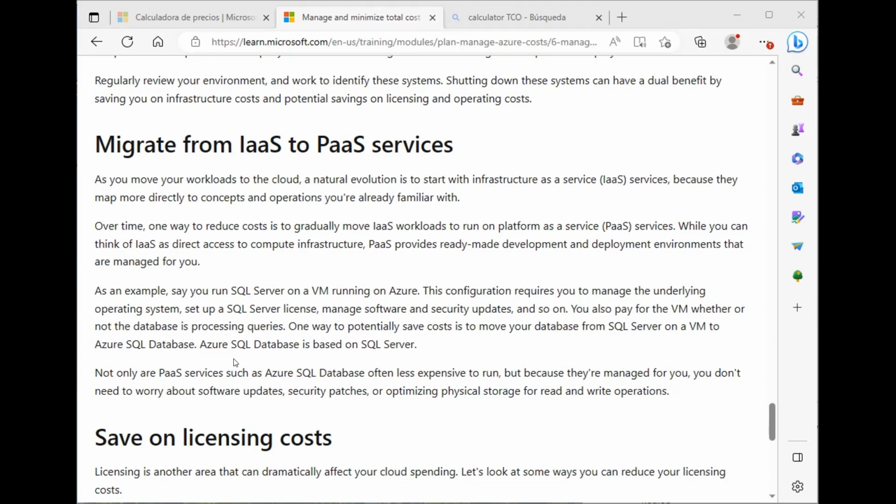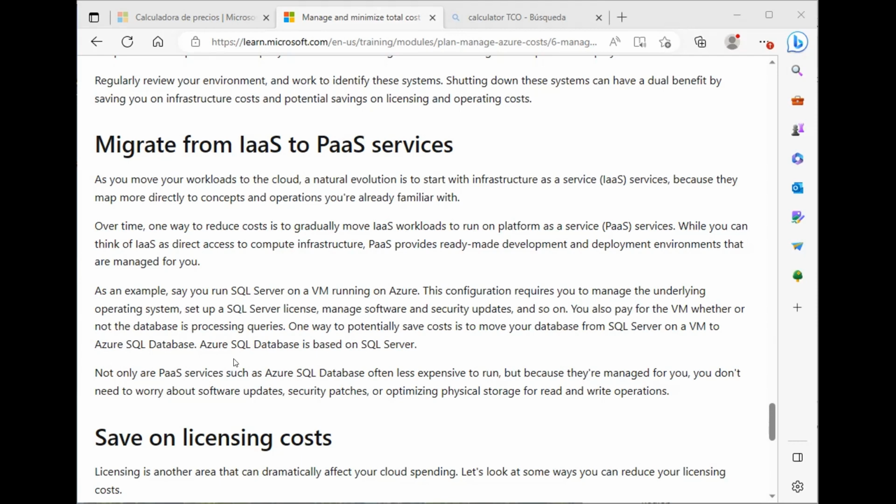PaaS services. While you can think of IaaS as direct access to compute infrastructure, PaaS provides ready-made development and deployment environments that are managed for you. As an example, say you run a SQL Server on a virtual machine running on Azure.